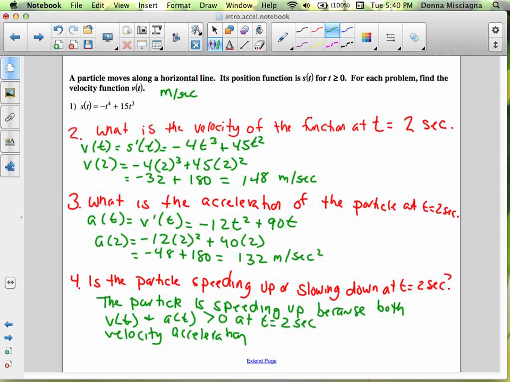We should be precise. If we just said they're greater than 0, is that implying they're always greater than 0? But it's greater than 0 at t equals 2 seconds, and that's the only time we cared about.